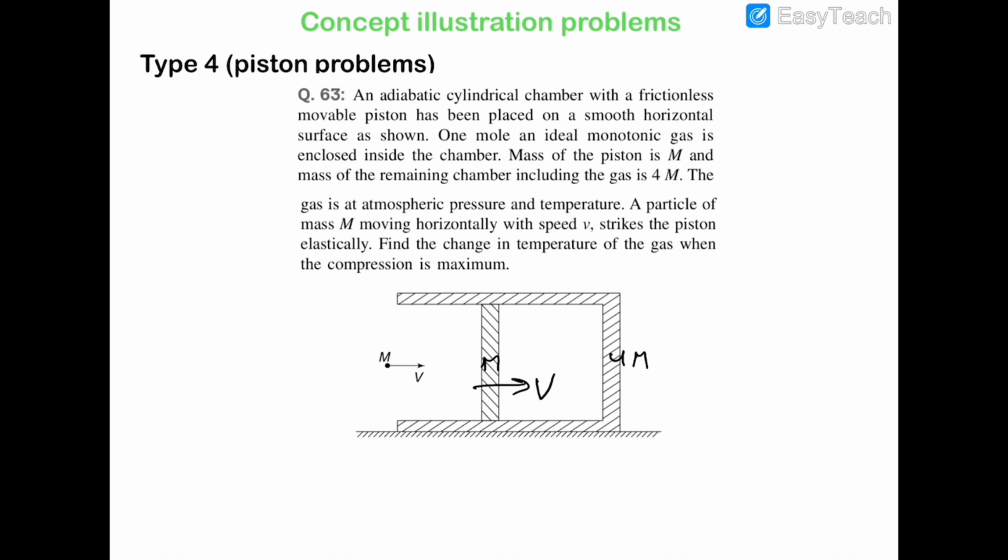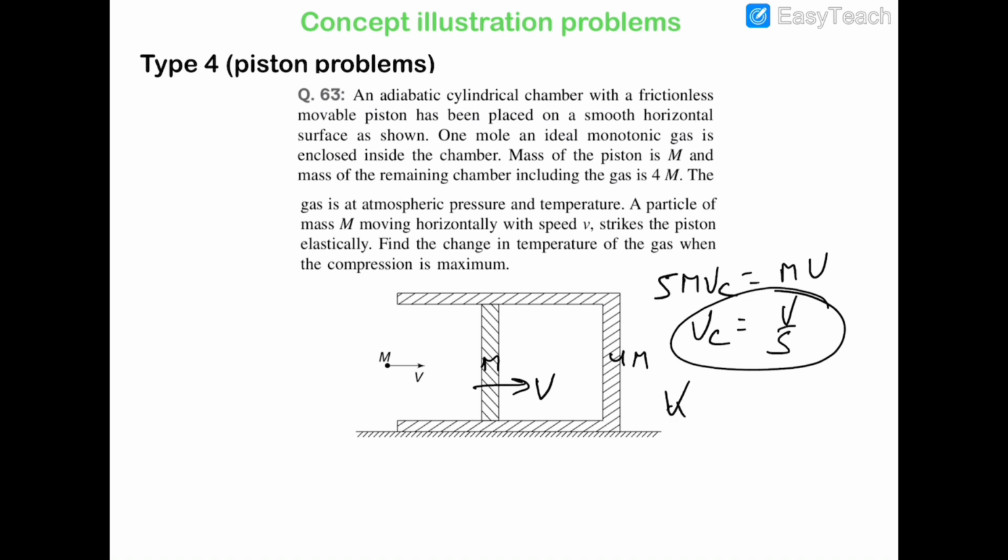So a point will come when this system, piston and the chamber, will attain a common velocity, and 5m V common would be equal to mv. So V common will be equal to V by 5. This is the common velocity.